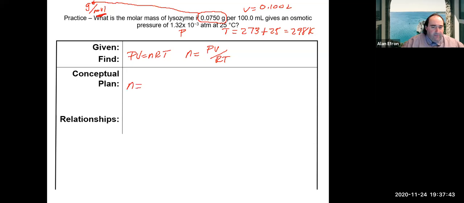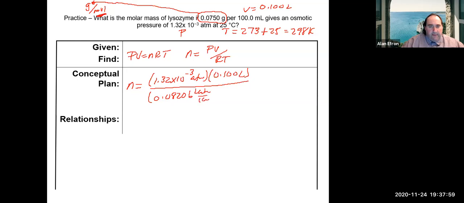So our n would be our 1.32 times 10 to the minus 3 atmospheres times our volume divided by our R, 0.08206, and our temperature of 298 Kelvin. Again, everybody's going to cancel out here except for moles.